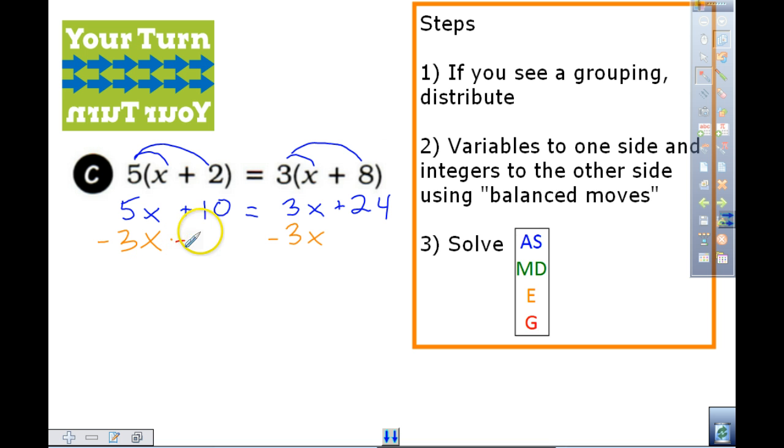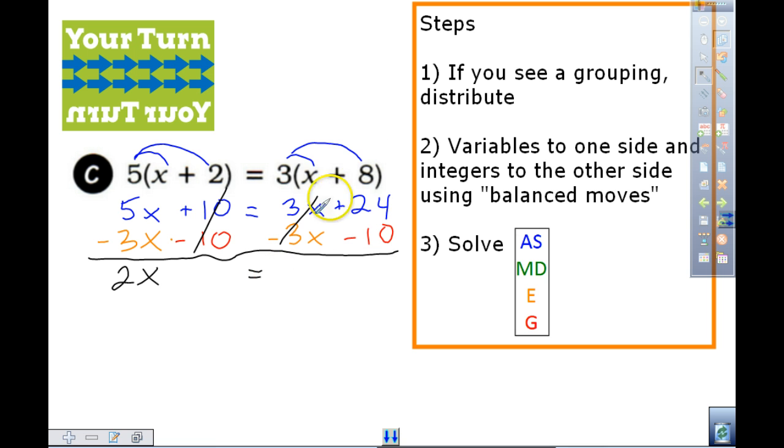We got minus 10 and minus 10. Show me the cancellations. 10 minus 10, 0. 3x minus 3x, 0. 5x minus 3x, 2x. Leave the space. Bring down the equal sign. Leave a space. 24 minus 10, 14.